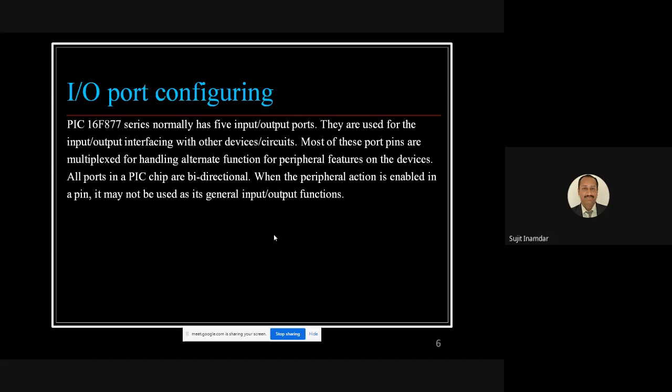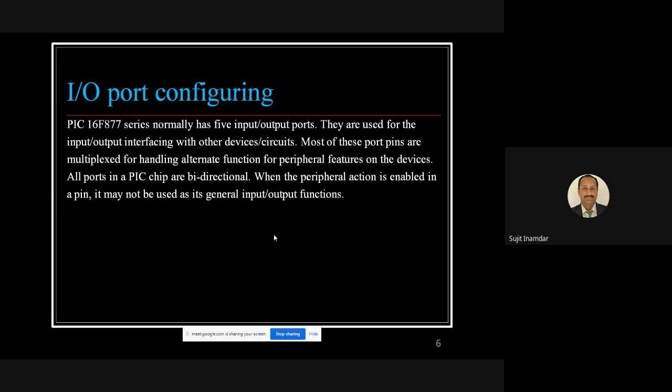Normally this PIC comes with 5 input output ports, also known as bidirectional. Their use is input output interfacing with the external device or circuit, and a circuit can be used as an interrupt for PIC, that is external interrupt.